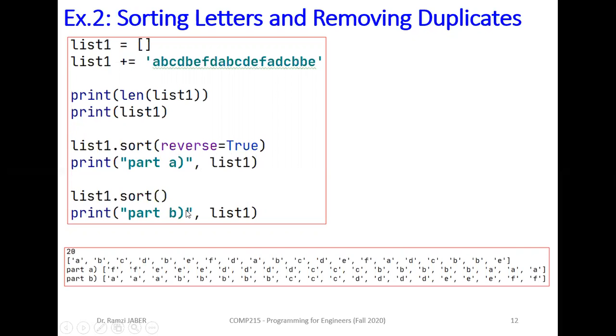So print part B, list1. It will be in ascending order: A, B, B, B, B, C, C, C, D, D, D, D, whatever. As you can see, it is easy. Any question here?